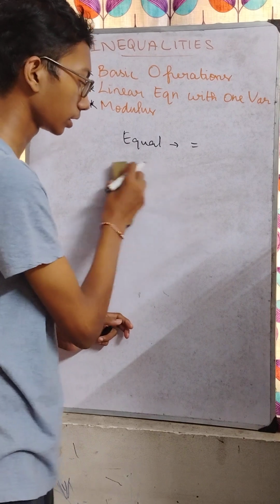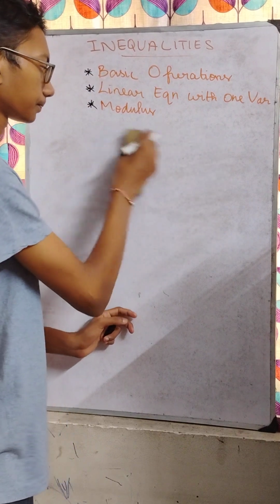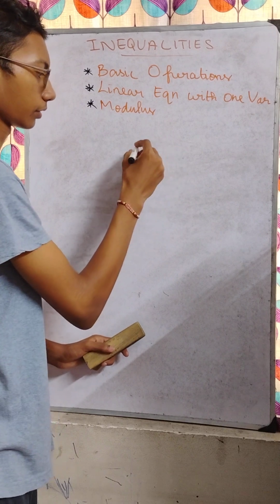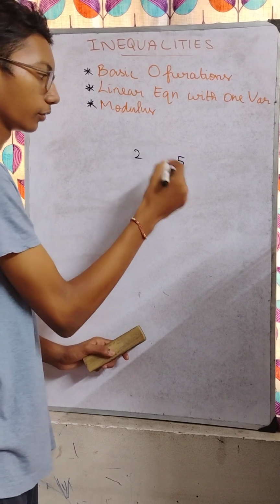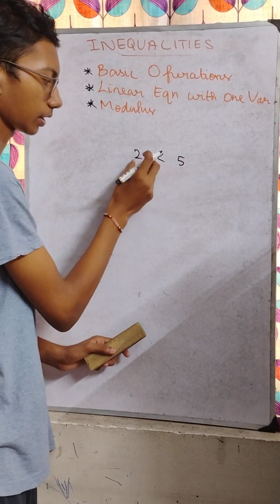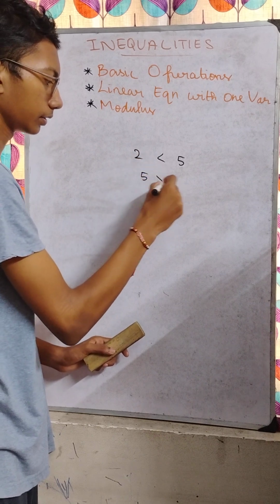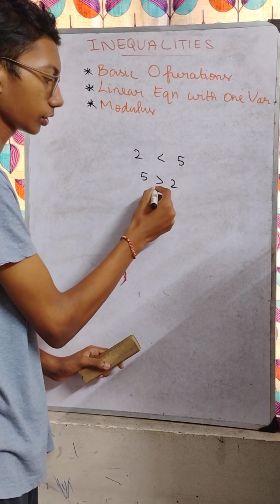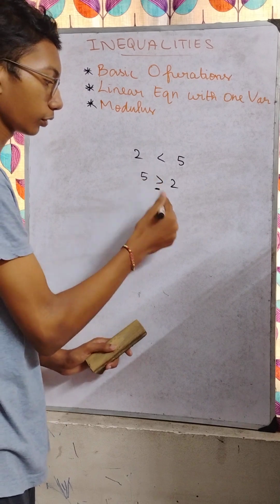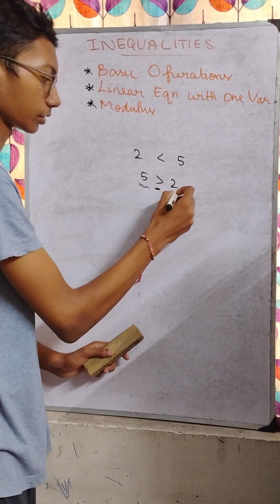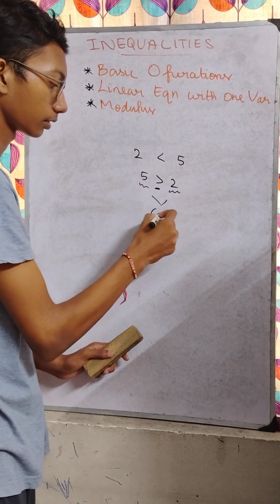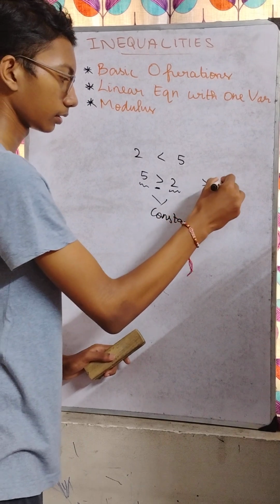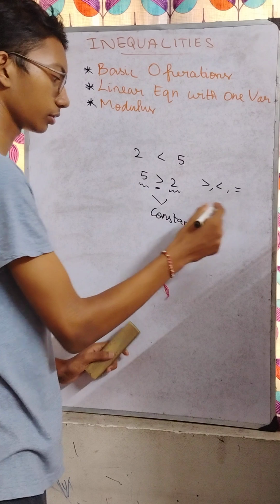But what inequality means is, if there are two constants, let's say we have 2 and 5, we know 5 is greater than 2, or you can write like this, 2 is less than 5. So this is inequality. If we are dealing with just constants, then we'll just use greater than, less than symbols.